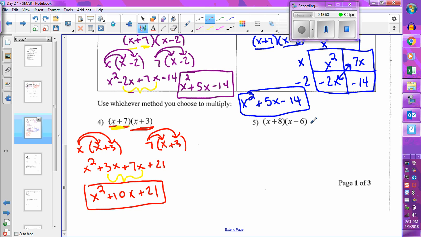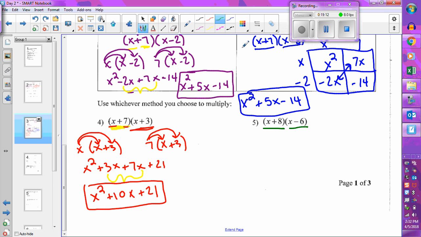Okay? We're going to use the same thing here. So I'm going to underline. We're going to be distributing this x and the positive 8 to this x minus 6.